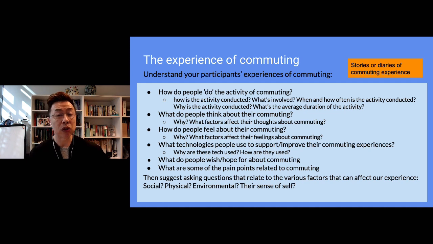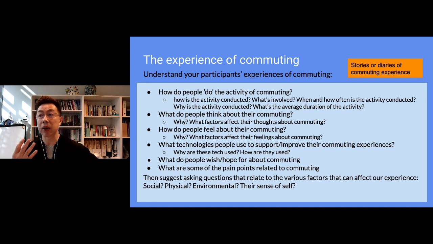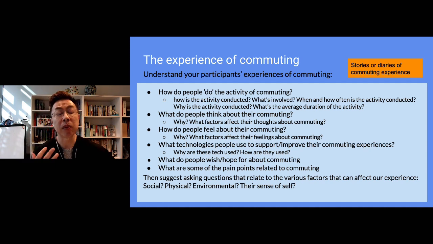Why did they use YouTube instead of, let's say, another video platform? How are they used? Are they used just for entertainment, or to basically get away, or to keep themselves awake? So there are many different things that you need to be able to explore and understand.